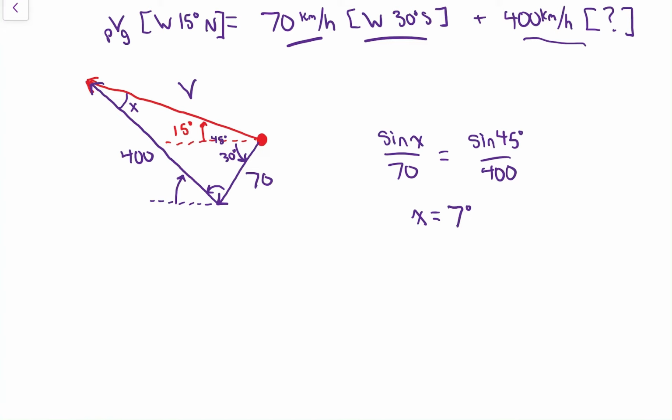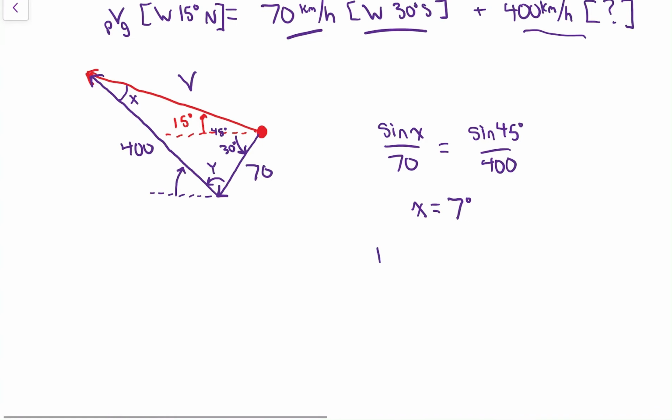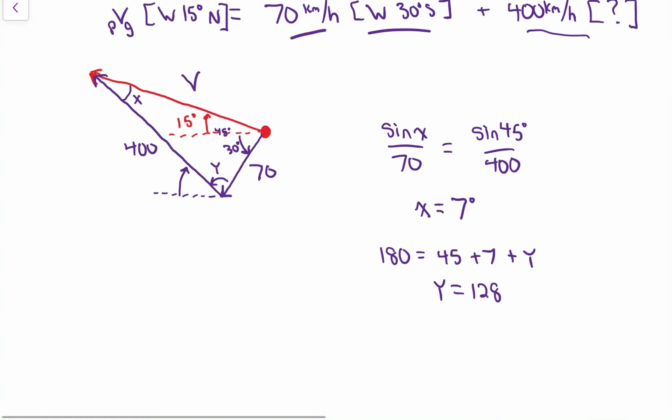If I know that the top angle is 7 degrees, and I know the other angle is 45, I can figure out my third interior angle, since they must add to 180. So it's 45 plus 7 plus y. That means y has got to be, you can double check my math, I'm getting 128 degrees.